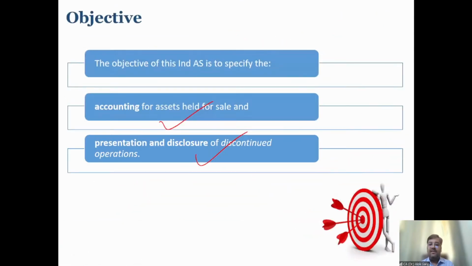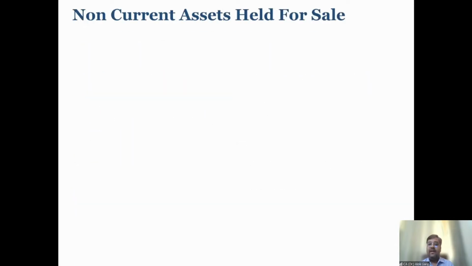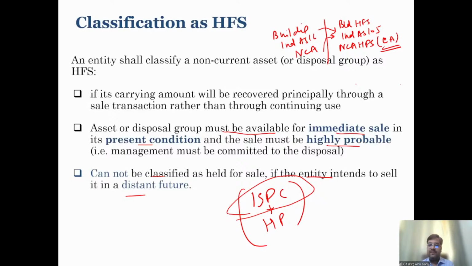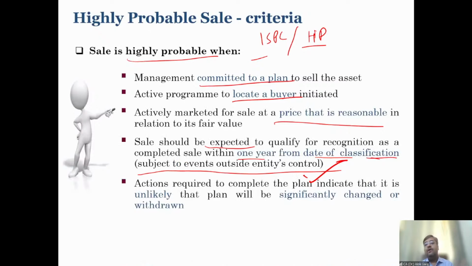This is what we discussed day before yesterday in the last class. We also discussed that current non-current classification is as per Ind AS 1, not as per Ind AS 105. Ind AS 105 only talks about whatever is already classified as non-current, and if it meets some conditions, then we classify it as non-current asset held for sale under the current asset category.